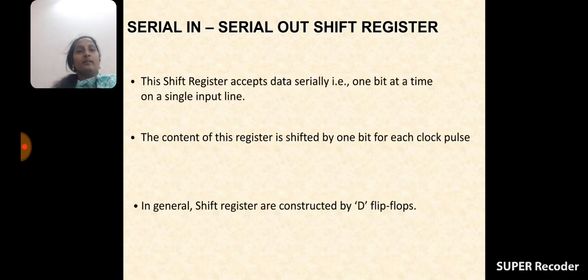Okay, see here, now we would like to explain serial in, serial out shift register. The data must be shifted either to the left side or to the right side with the help of the clock pulse only. To design the shift register, we are using only the D flip-flop.